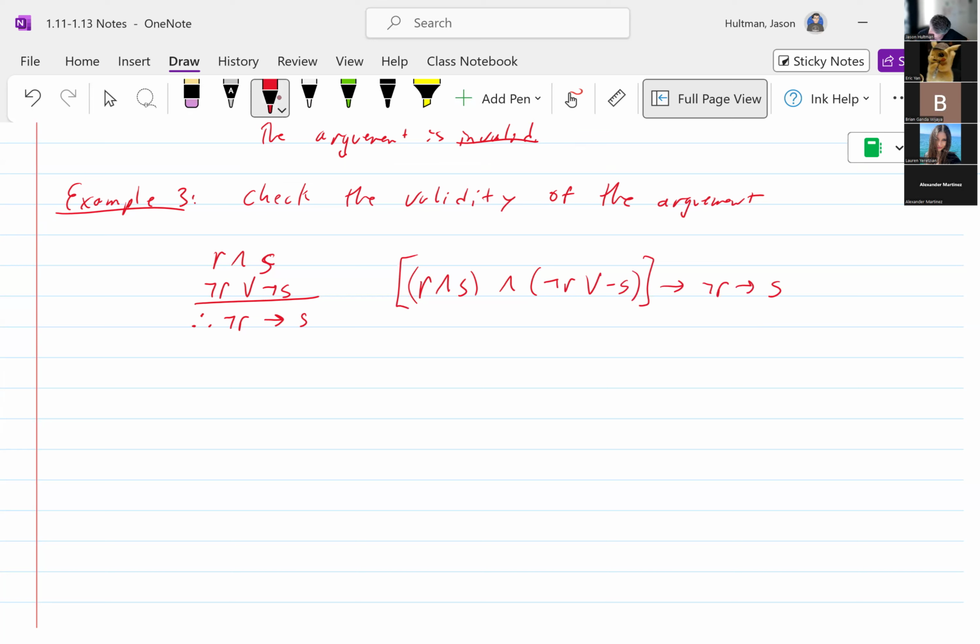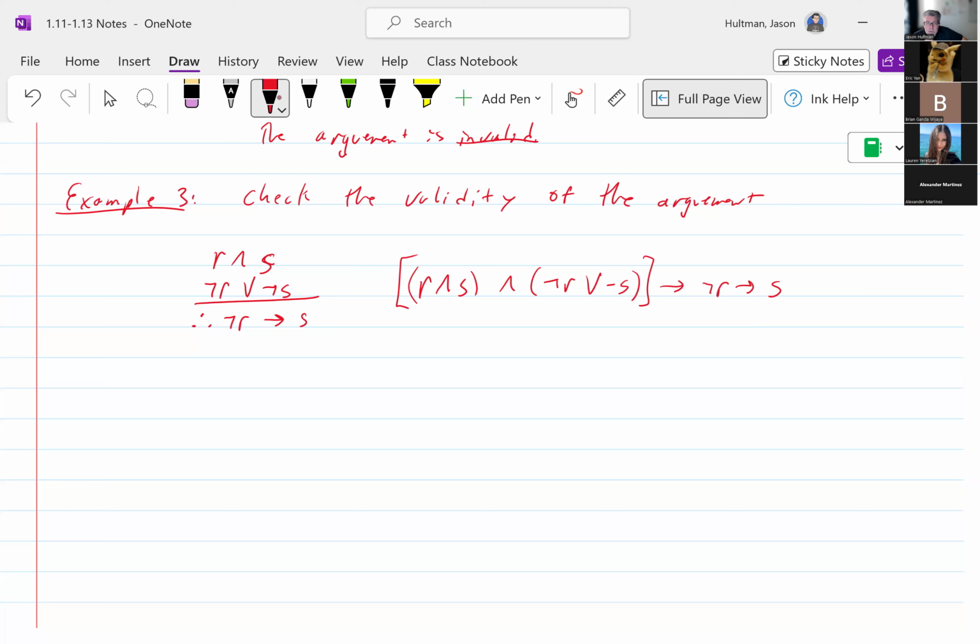Okay. Now, can anybody see right off the bat why this is invalid? It is invalid. I'm sorry. It is valid. Sorry, it is valid, not invalid. Okay, it is valid. And there is a reason for that.